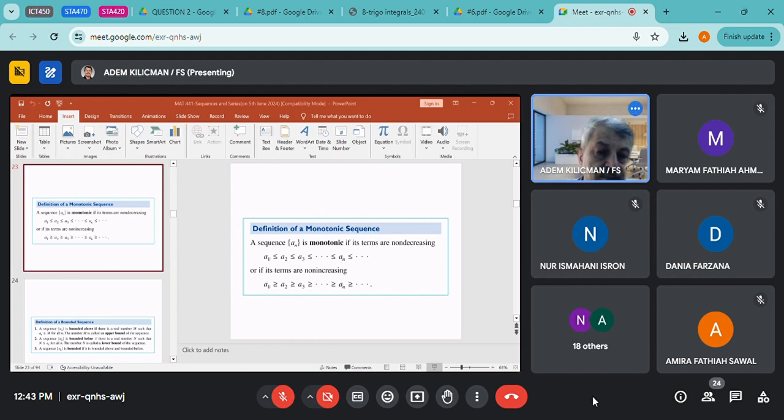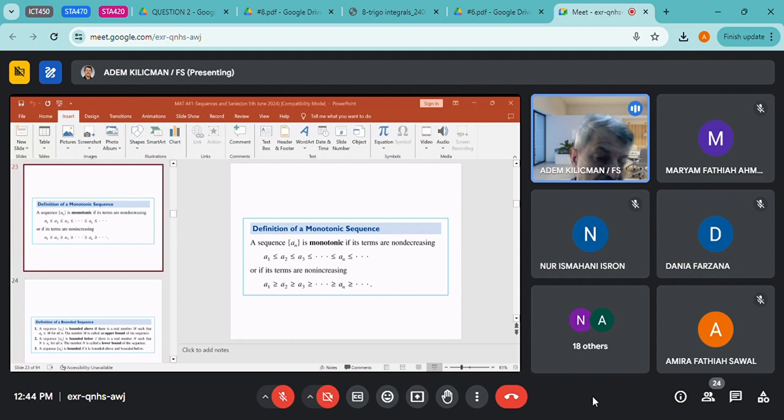So have a look at this: whether n over n plus 1 is bounded above by any number greater than 1. In this case, the terms of the sequence are getting closer to 1 as well: 1 over 2, 2 over 3, 3 over 4, and so on. 1.1 is an upper bound for this, and 1.001 is also an upper bound.